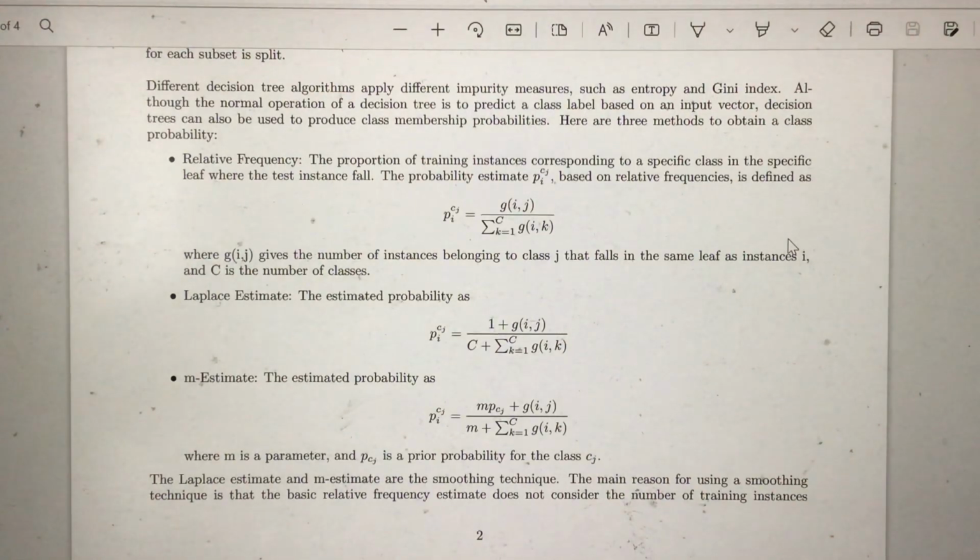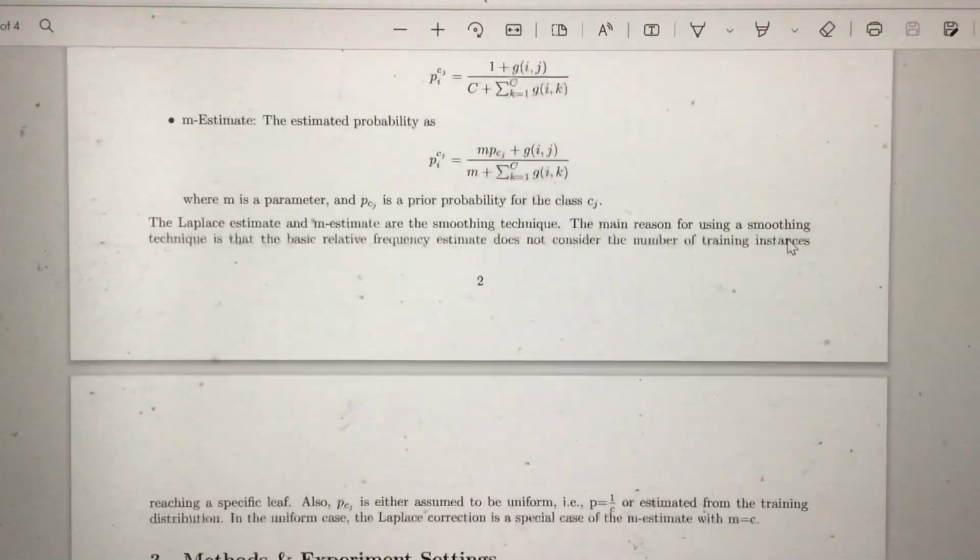And there are two other methods. One is the Laplace estimate, and the other one is the M estimate. The Laplace estimate and M estimate are smoothing techniques. The main reason for using a smoothing technique is that the basic relative frequency estimate does not consider the number of training instances reaching a specific leaf.